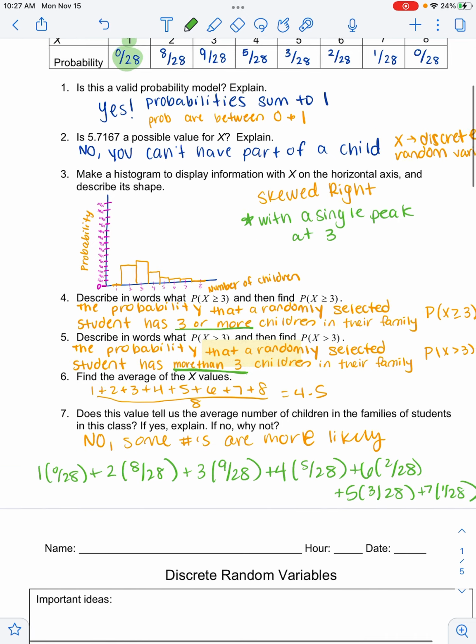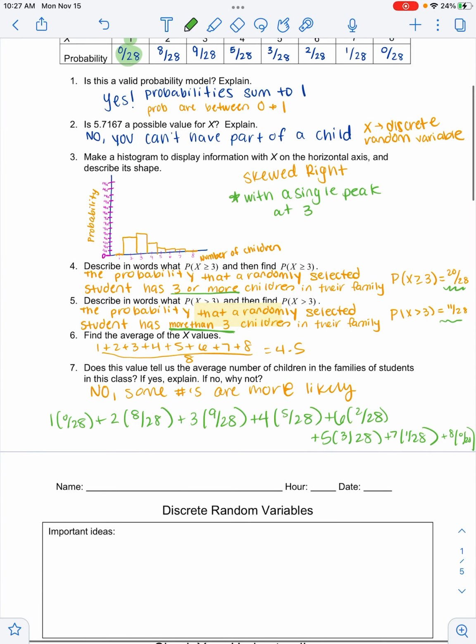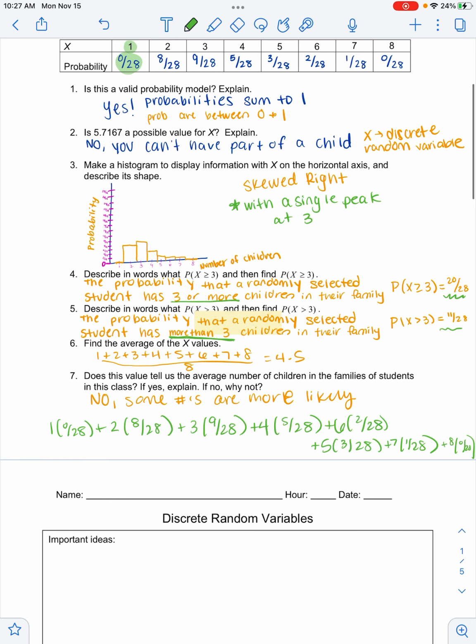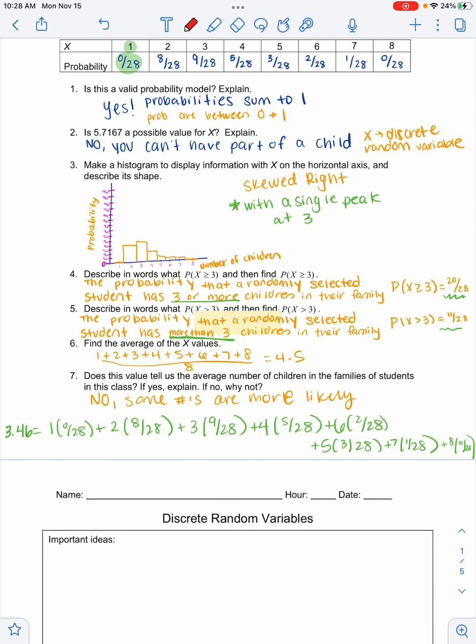Again, 8 and 1 are not necessary because they are just multiplied by 0, but just so you remember where that comes from. So if you were to plug this into your calculator, you should get an average of 3.46. And we do not need to divide our sum by the number of numbers that we've added because we're multiplying by the probabilities. So it gives us the mean right away.